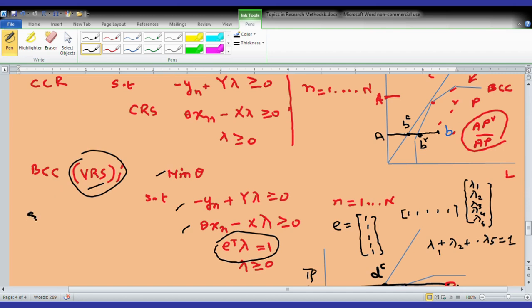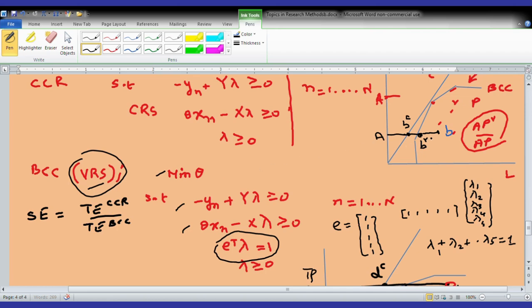So I can write that scale efficiency will be equal to technical efficiency CCR divided by technical efficiency BCC.